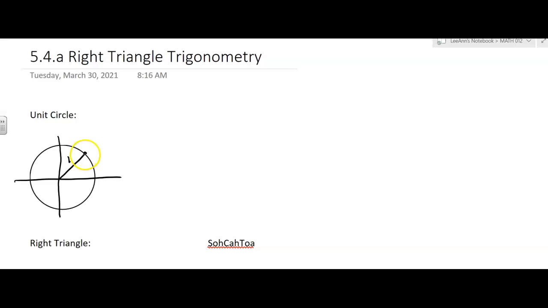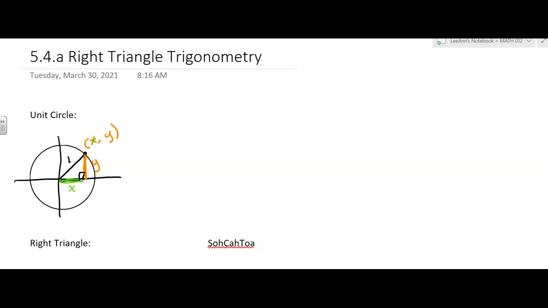Then we said there's a line here and a line here, and that distance was y. So there was a point up here, x comma y, and this distance represents the y, and this distance represents the x. But we had a little right triangle here, and we talked a little bit about that.